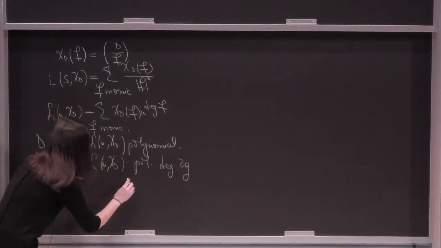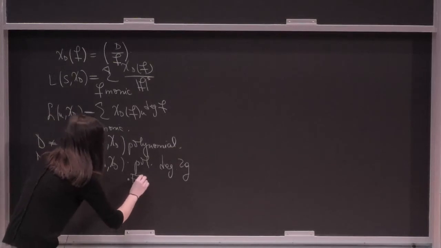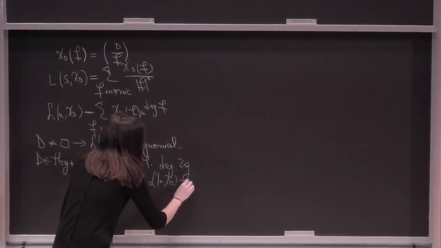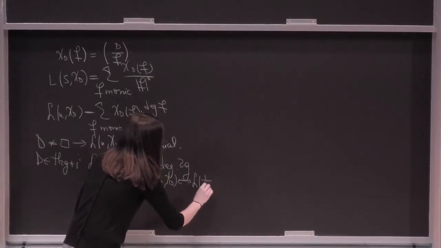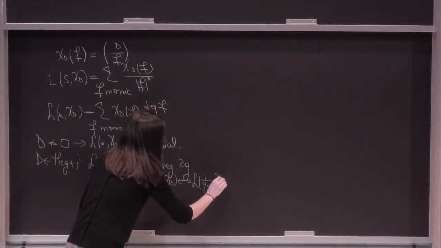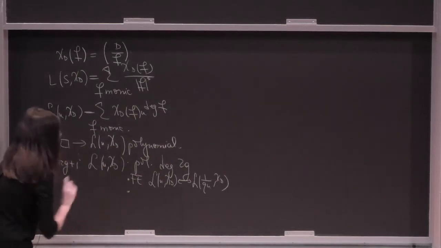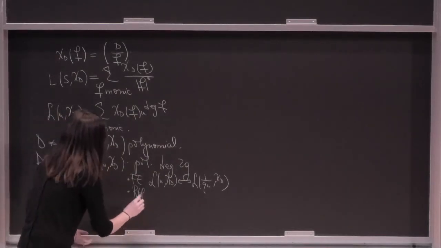L(u, chi_d) will satisfy a functional equation. So I can relate L(u, chi_d) to L(1/(qu), chi_d). And I know that it satisfies the Riemann hypothesis.